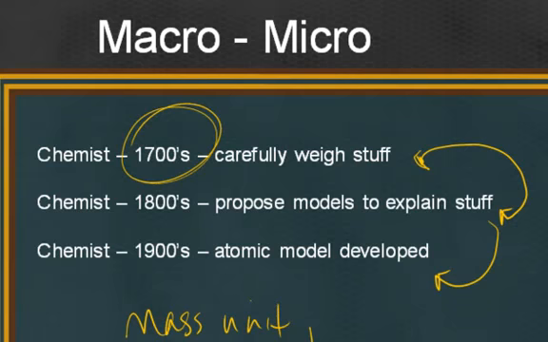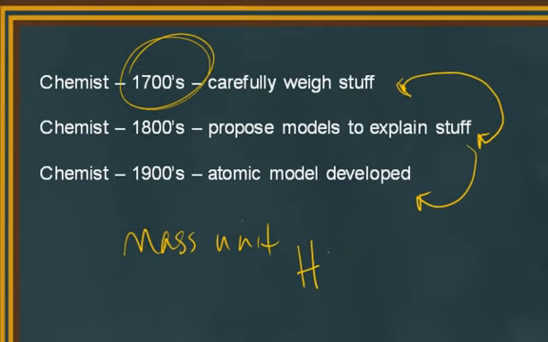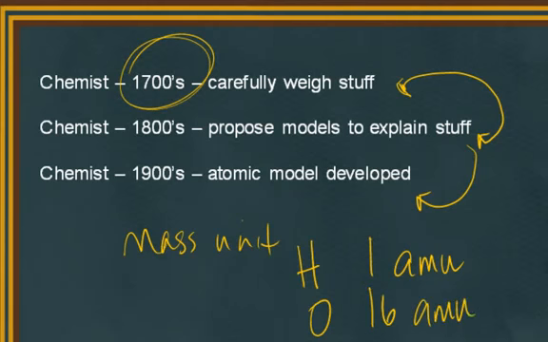And what they found was that hydrogen was the lightest element, and so it was assigned a value of 1 atomic mass unit. Oxygen was about 16 times heavier, so it's 16 atomic mass units. Carbon, about 12 times greater, 12 atomic mass units. So we have this relative scale for the smallest bit of matter, which was becoming known as the atom.